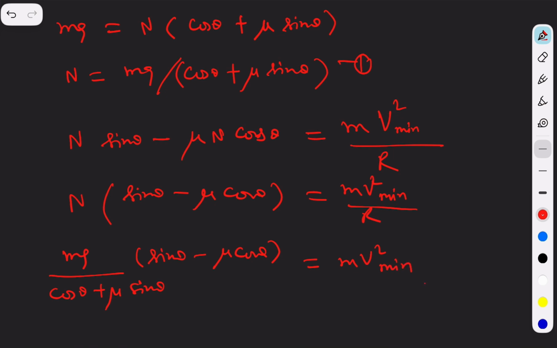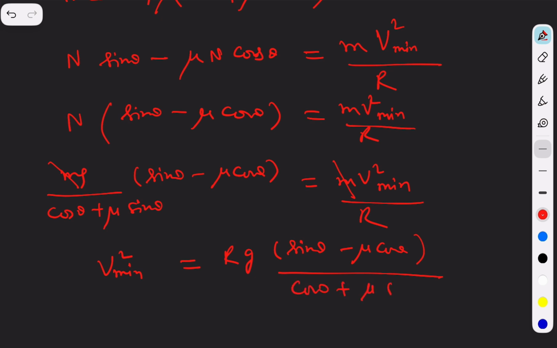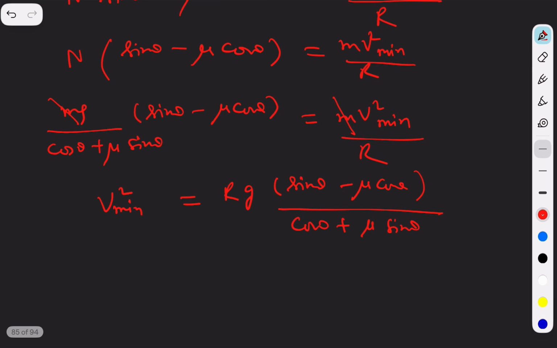So guys, m cancels, and we get v minimum square is equal to r g times sin theta minus mu cos theta divided by cos theta plus mu sin theta. This is the value of the minimum velocity that is possible.